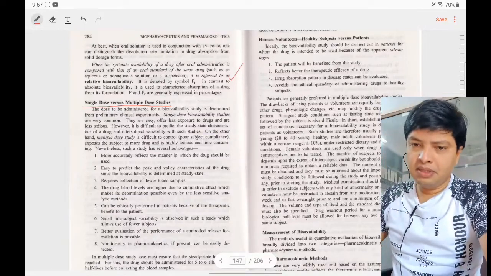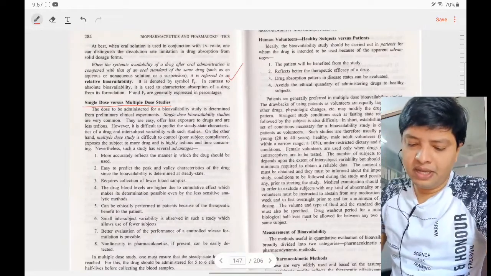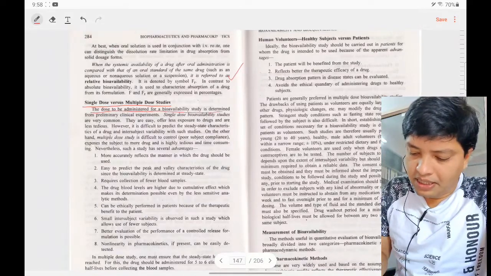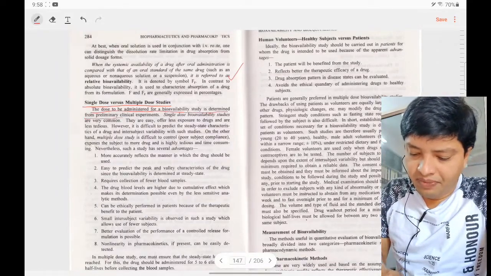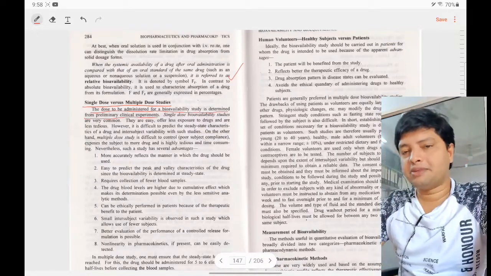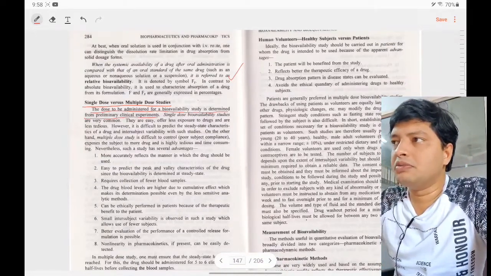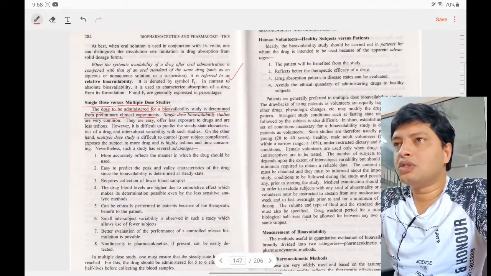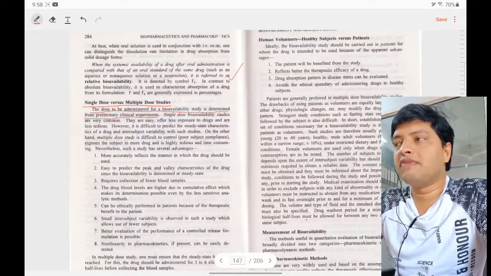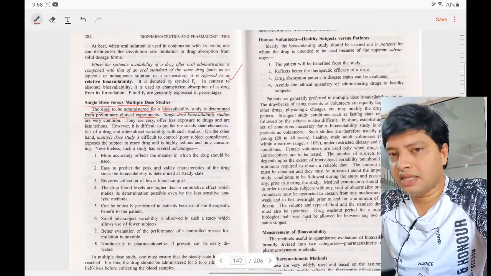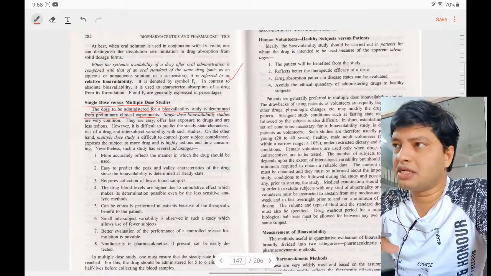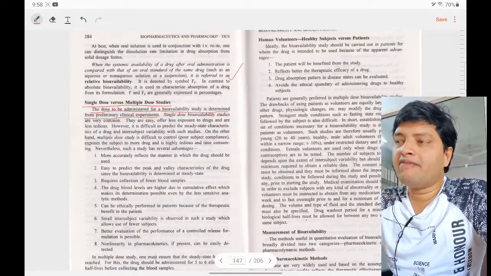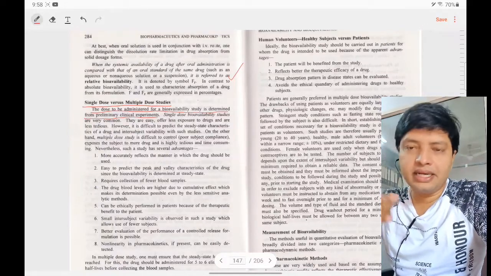In the single dose study, the dose to be administered for the bioavailability study is determined from clinical experiments. Obviously, if the drug is new, you don't know what dose is to be administered, so exactly what dose is to be given is calculated or obtained from preclinical or clinical studies.